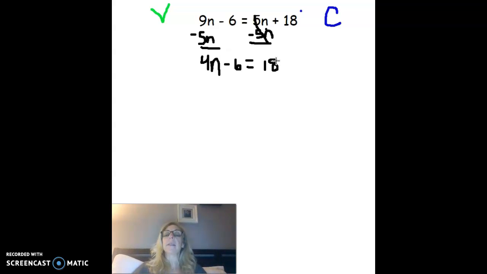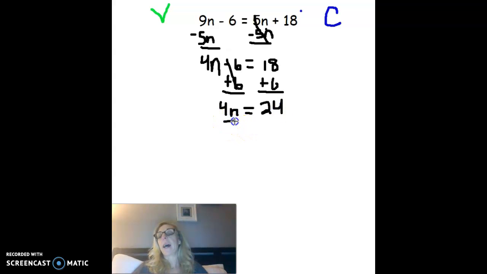I'm going to bring my constants to the other by doing the opposite operation. So the opposite of subtracting 6 is adding 6. Anything I do to one side, I do to the other. These zero out. I'm left with my variables only now on my variable side. And my constants now, 24 on my constant side.